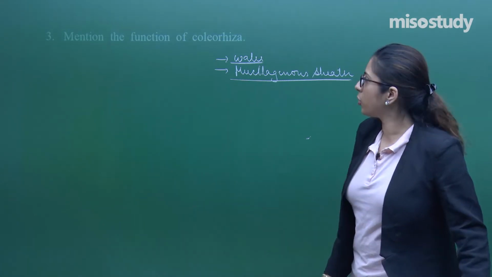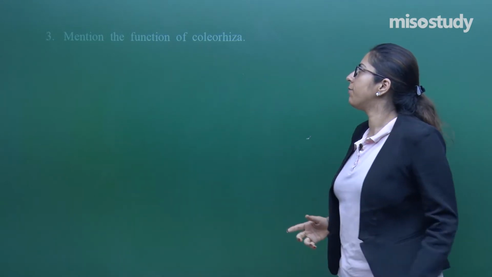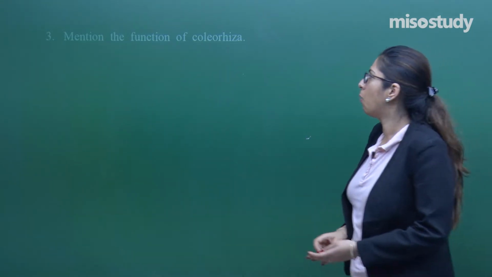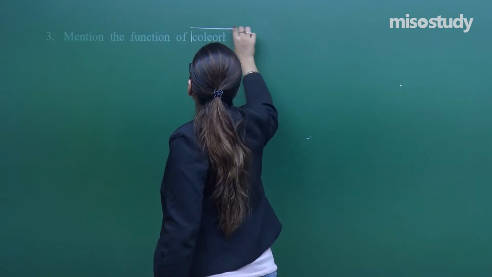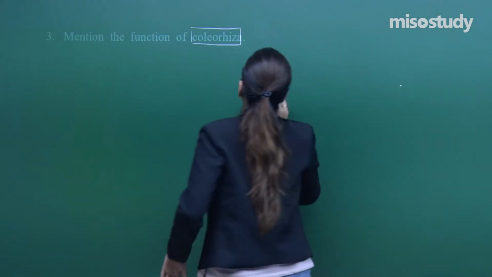Now, let us look at question number 3. This is also of 1 mark. Mention the function of coleorhiza. Now, what is a coleorhiza? This is a protective covering present on the root of the embryo in grasses.